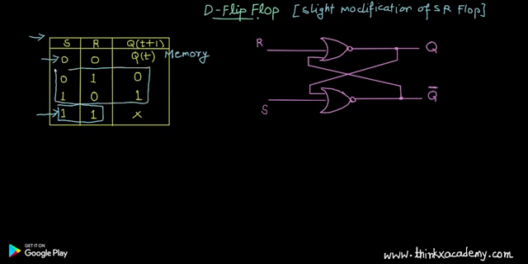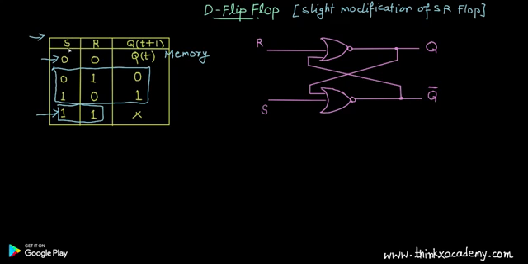You can see that in these two conditions, we are actually changing the state of the flip-flop. If the value of reset is equal to 1, then the state of the flip-flop is cleared to 0. Similarly, if the value of set is high, then the state of the flip-flop will be equal to 1.